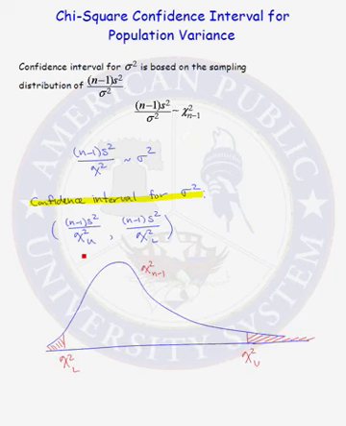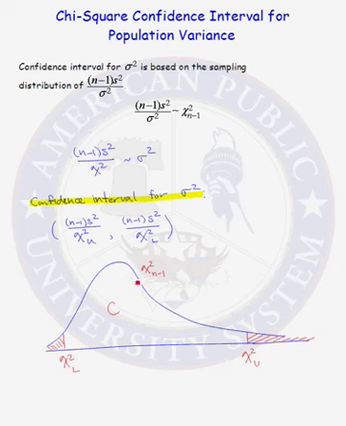Let's look at how to find these critical values in a confidence interval. Here we have a chi-squared distribution with n minus 1 degrees of freedom. It is right skewed. If we are looking at a C confidence interval, we want to have area C between our two critical values, and we want to have equal areas above the upper critical value as below the lower critical value.